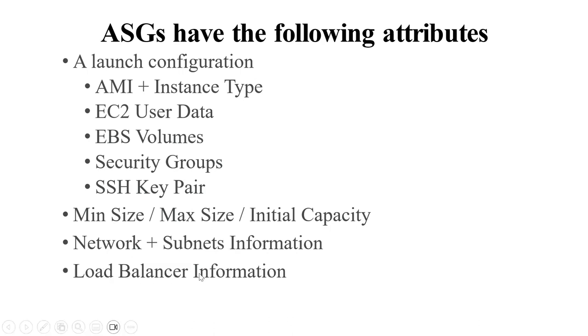And we need to define the load balancer, routing the requests to these EC2 instances. And we need to configure the scaling policies as we are talking about: scale out policy, scale in policy.